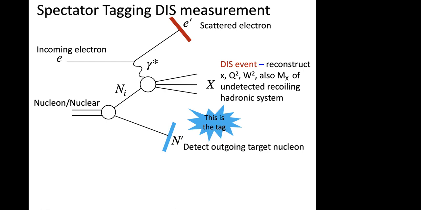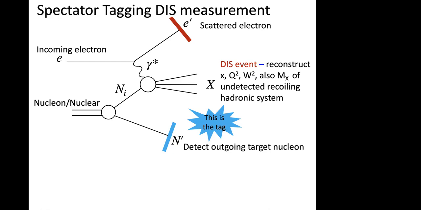So with this measurement, if we can put a constraint on the total momentum of the spectator tagging, it also means that we can put a constraint on the initial momentum of the active nucleon in the interaction. If we can constrain the initial momentum of the active nucleon to low momentum, then we can have an almost on-shell nucleon.